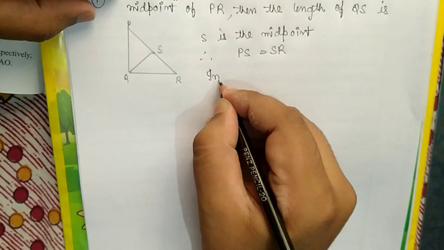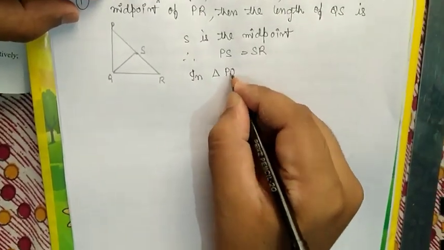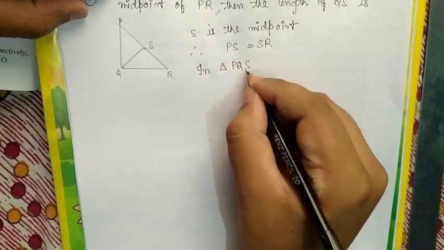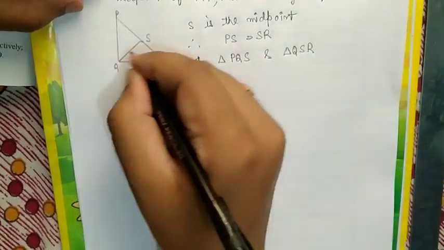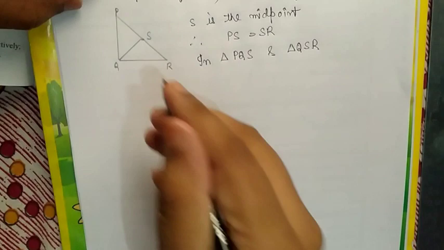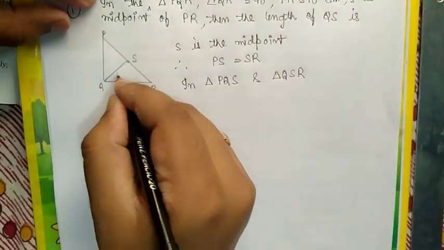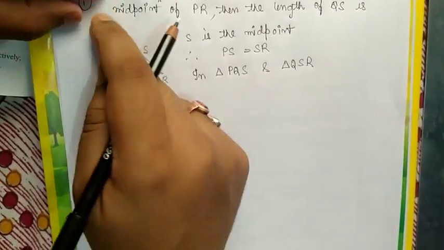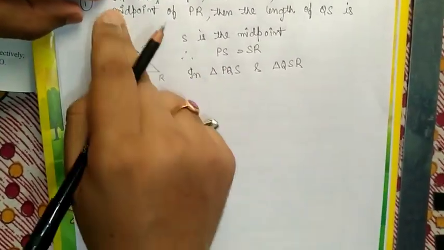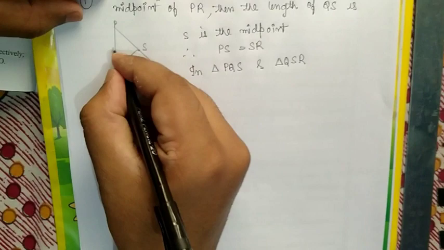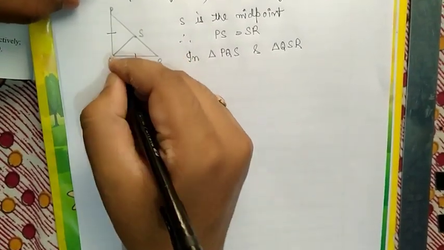Now in triangle PQS and triangle QSR, if this is 90 degrees, this should be the hypotenuse, the longer side of this triangle. So therefore if this triangle PQR is isosceles, these sides are equal.